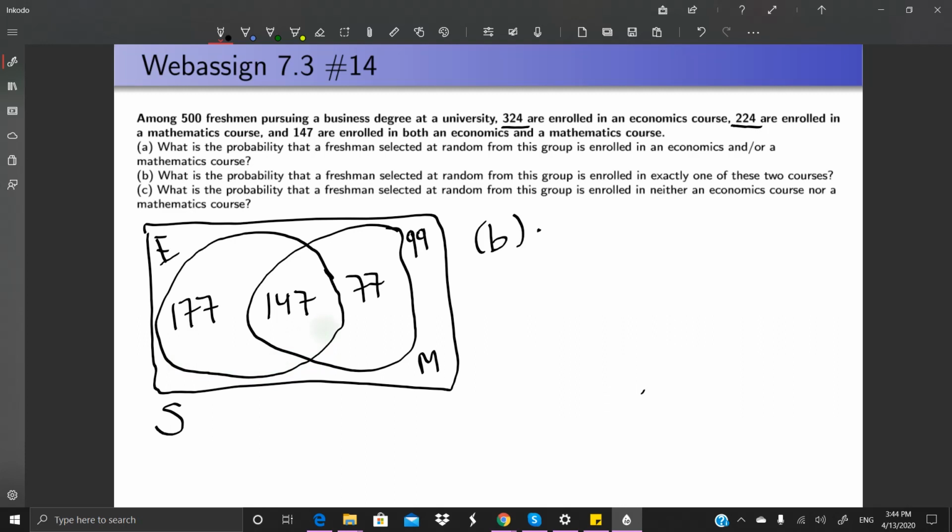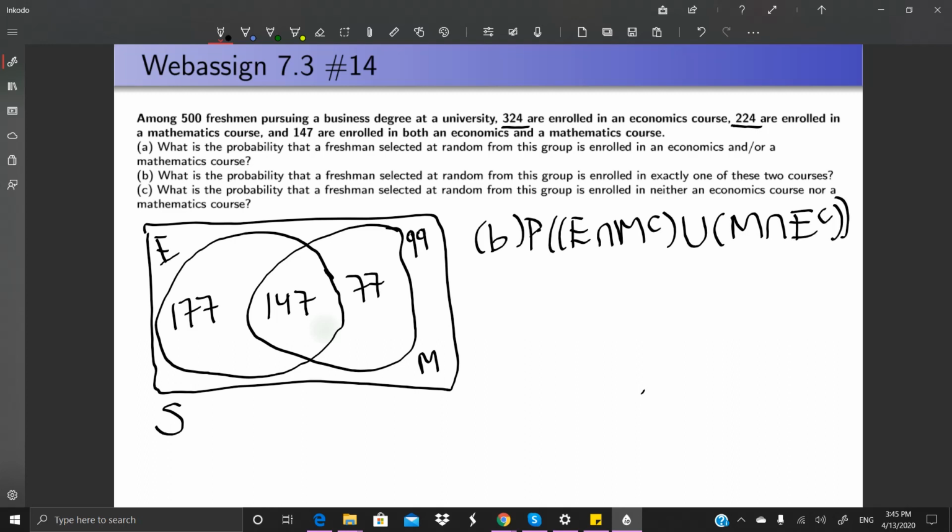So we want to find the probability of, using the notation that we have, the people who are just in econ and not in math, that would be E intersect M complement, or the people who are just in math and not in econ, that's M intersect E complement.